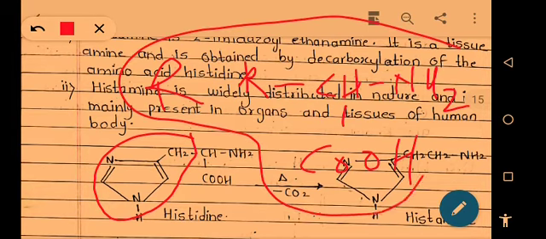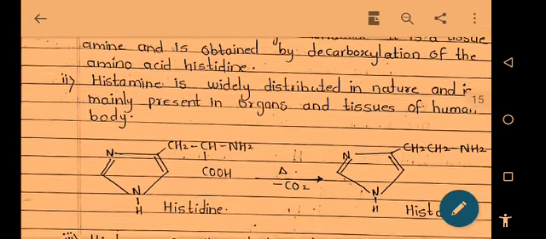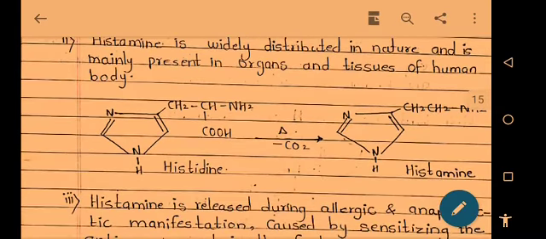This complete part helps in the formation of the amino acids. There are various types of amino acid, 20 amino acids. We are going to study these 20 types of amino acid in the 6th semester. So histidine is a part of amino acids.